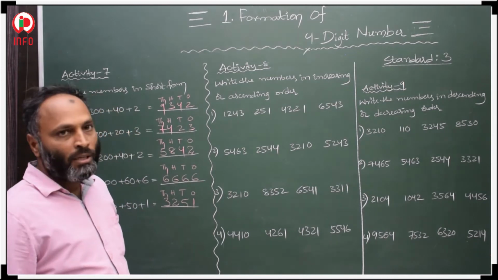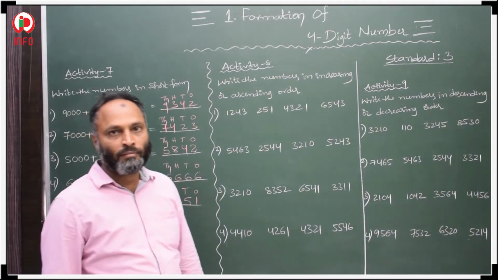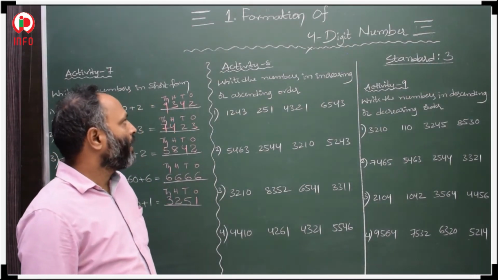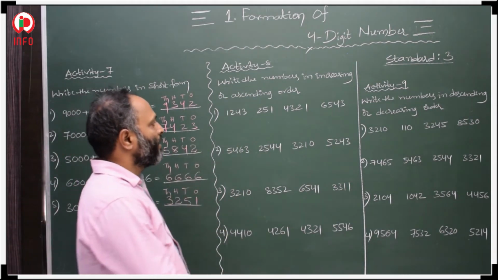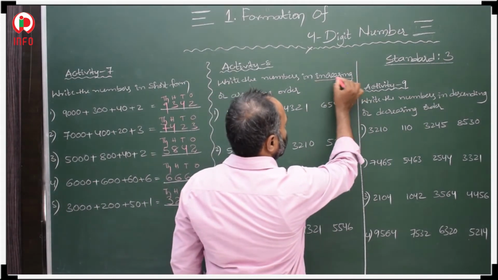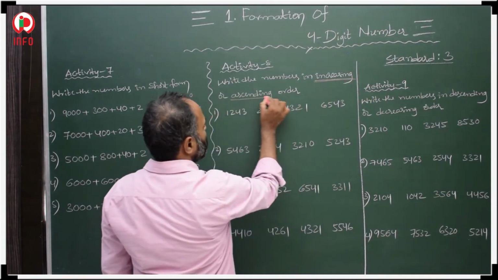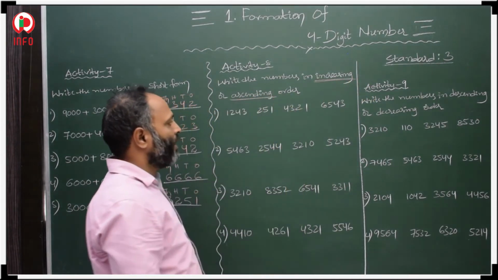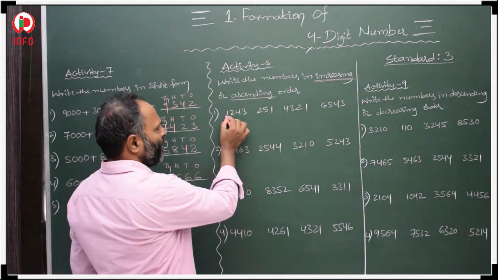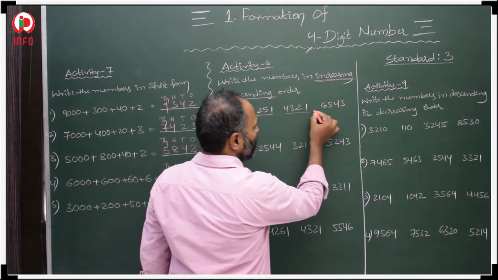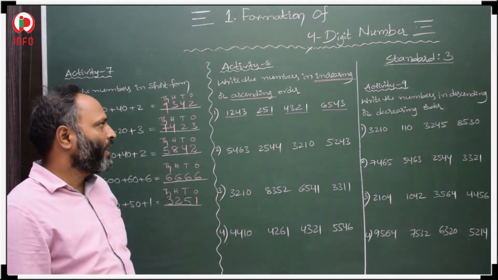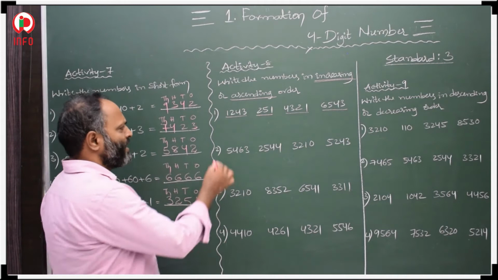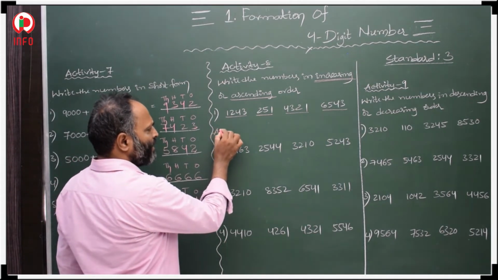Now, the 8th activity. In this activity, we have to write the numbers in increasing or ascending order. These 4 numbers we have to write in increasing order, that is ascending order.